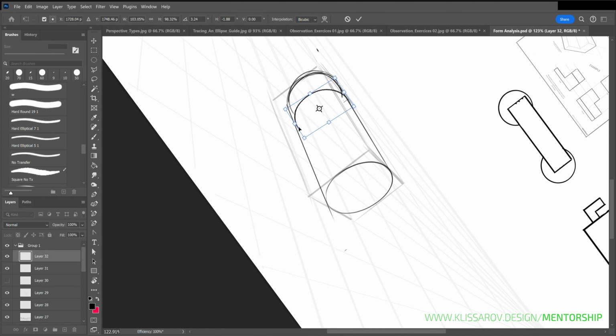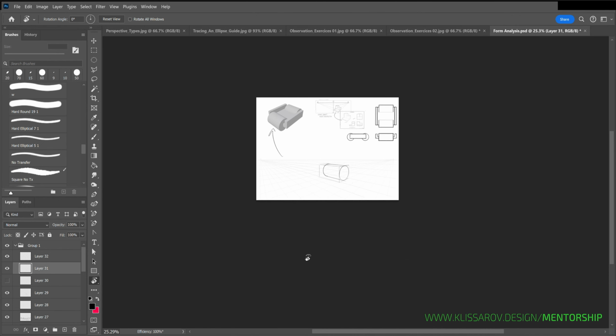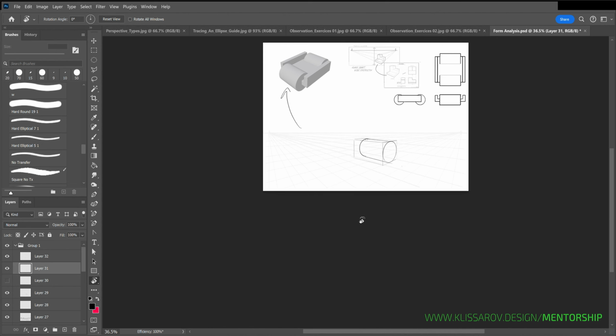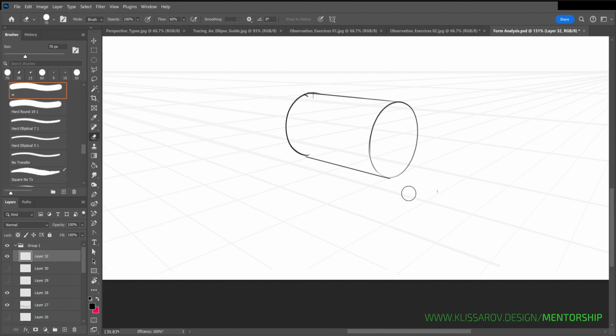Maybe it should be something here, rather like that, I would say. And here, this one, that would make more sense proportion wise, I would say, right? And then when I look at it and I analyze it, I believe that does make more sense.